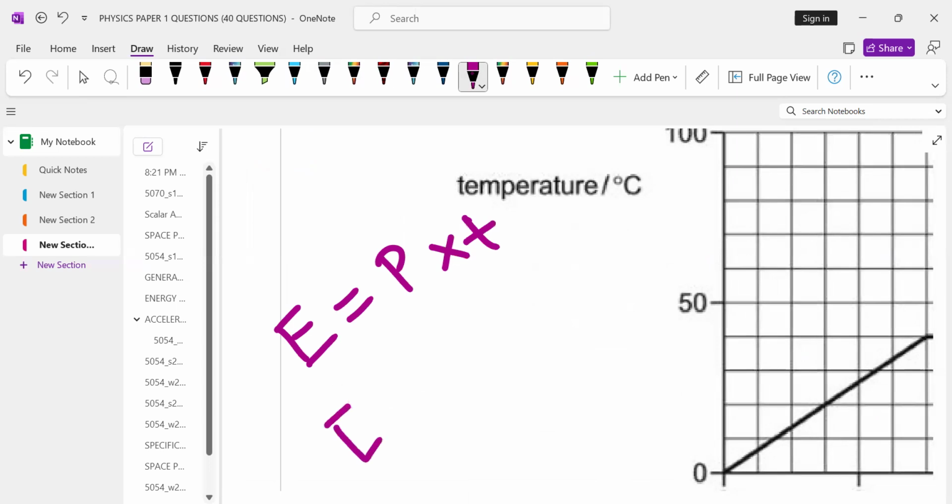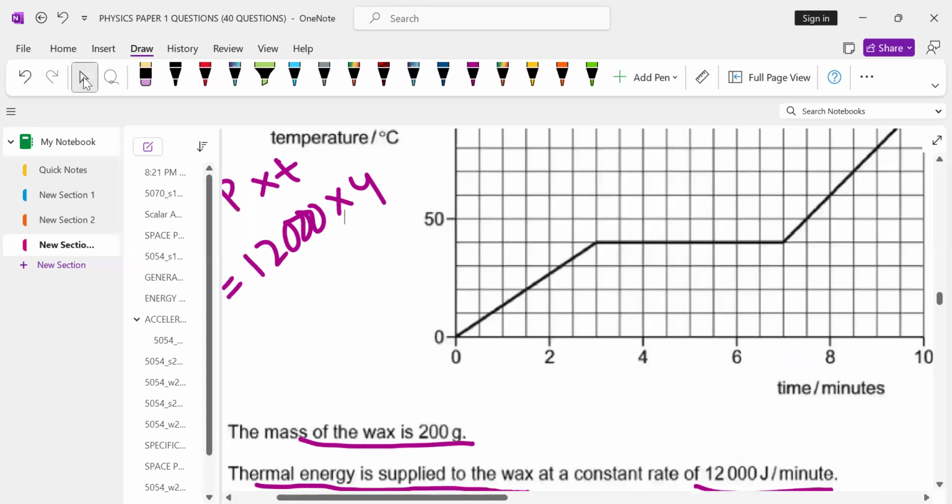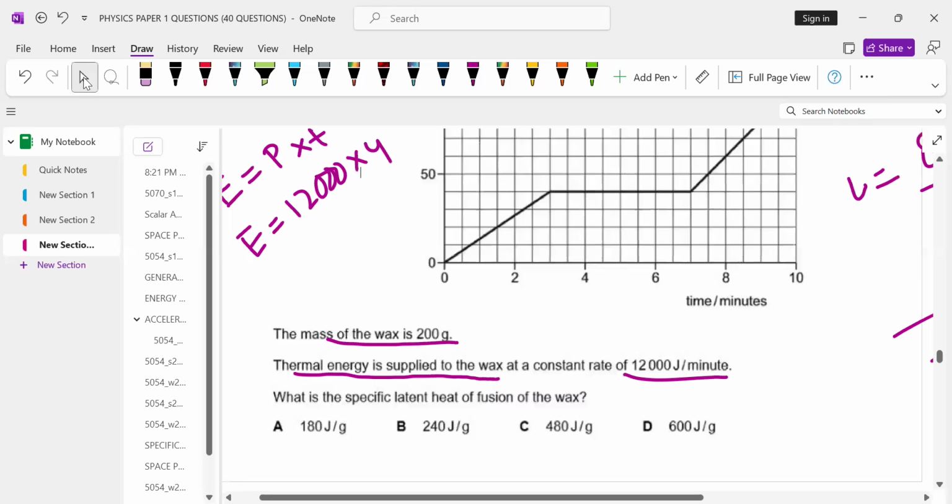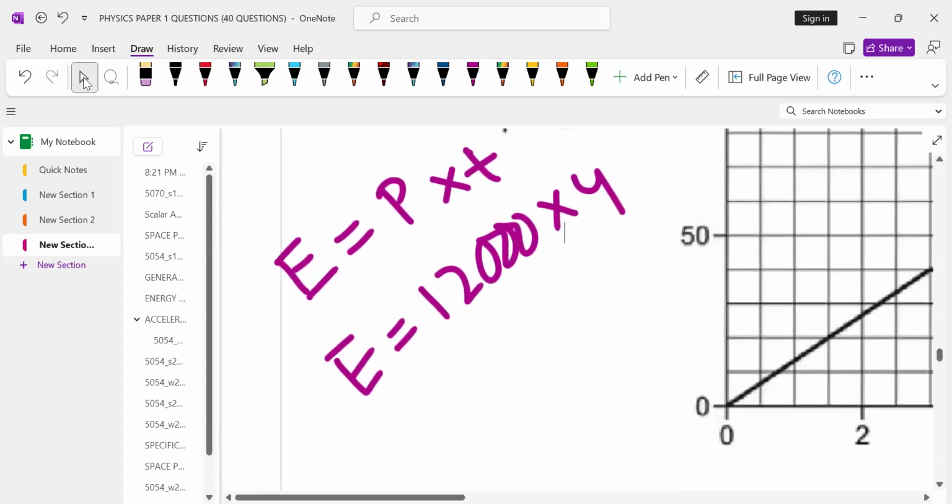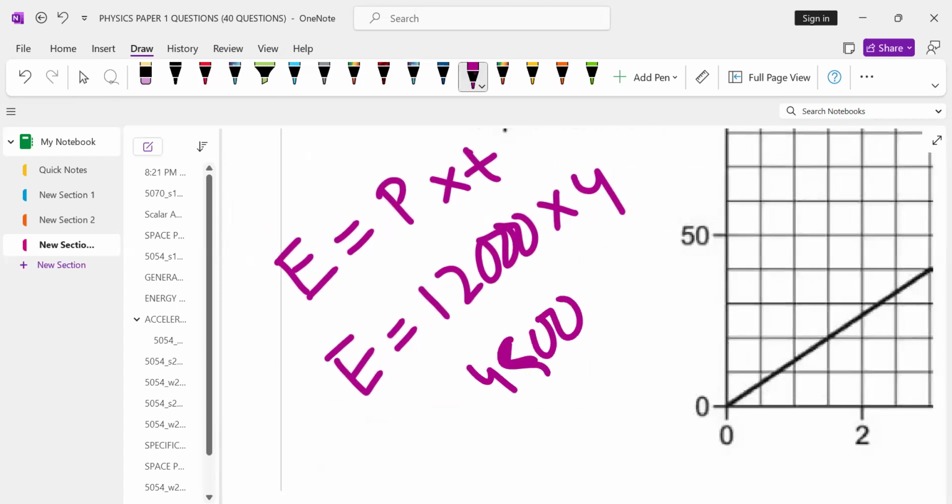So this energy E, power is 12,000, into time, which is 4. We get this 12,000 because it is given in the question that the constant rate is 12,000 joules per minute, which is power. When you multiply it, you get 48,000 joules. So this is the energy.